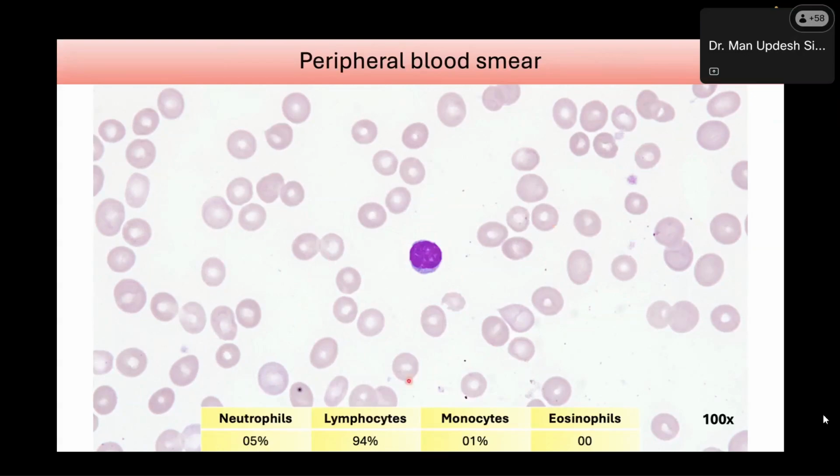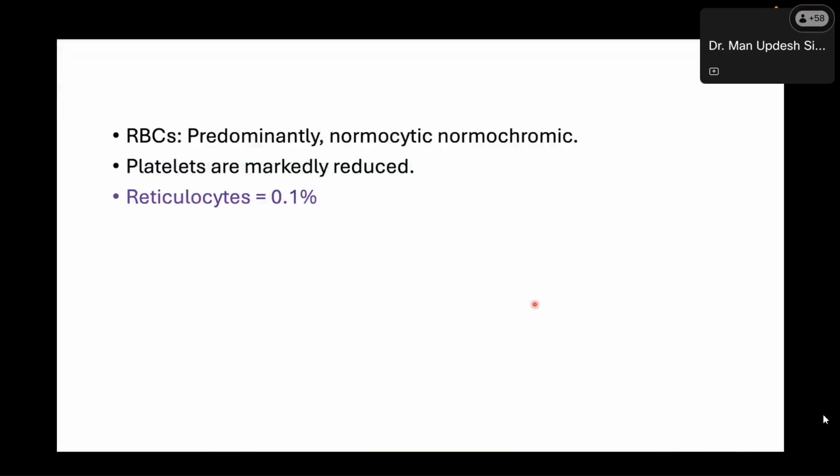The differentials here yielded 94 lymphocytes, so there was absolute neutropenia, right? And obviously the cells in this low TLC, most of them were lymphocytes in the peripheral smear. We move forward. I've already described the RBCs, they were more or less predominantly normal. The platelets are markedly reduced. I also give you an input that the reticulocytes are 0.1%, which means they are reduced, right?